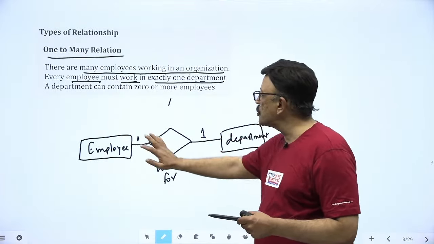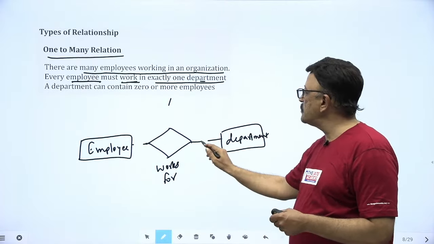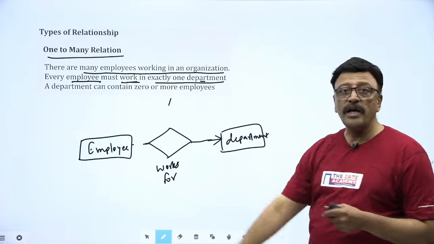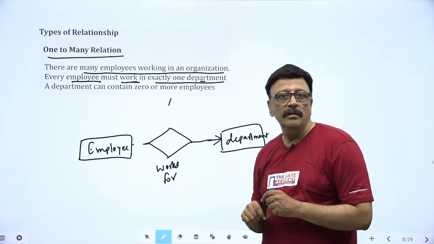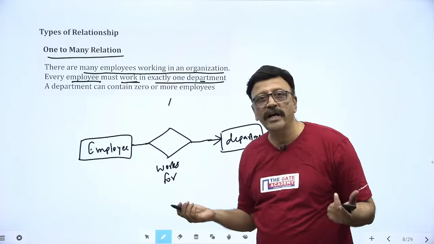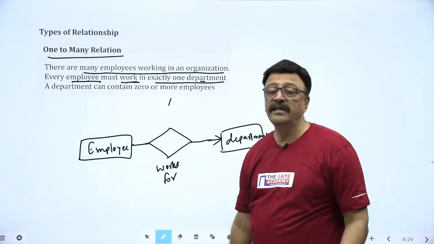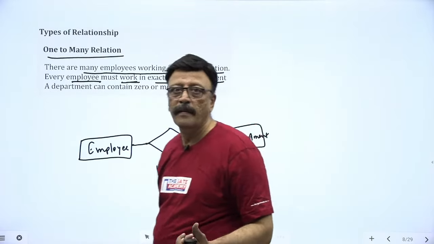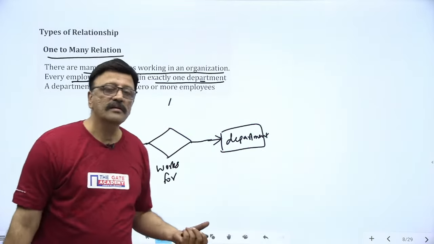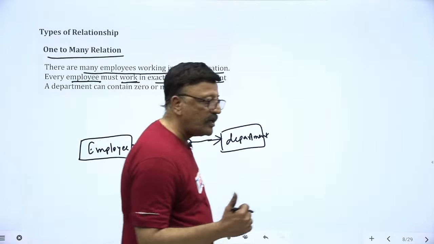Instead of showing these numbers, you know that department is the one side, so you show an arrow here. And employee is the many side, so don't show any arrow. Just show the edge. That's it. So this is the one side, this is the many side. This is a one to many relation. Any questions? I hope you understood one type of relation, one to many.